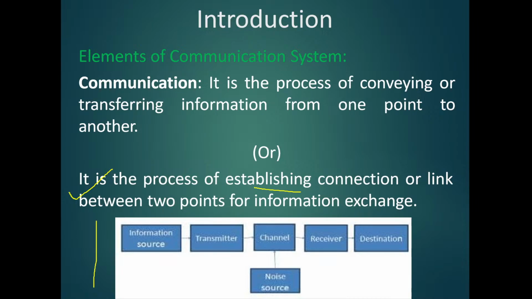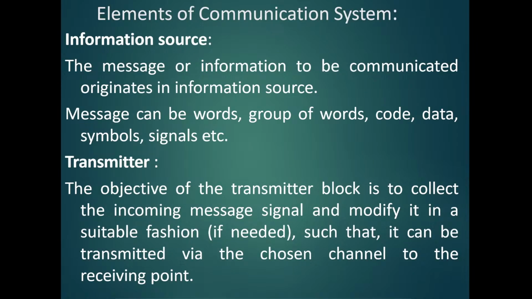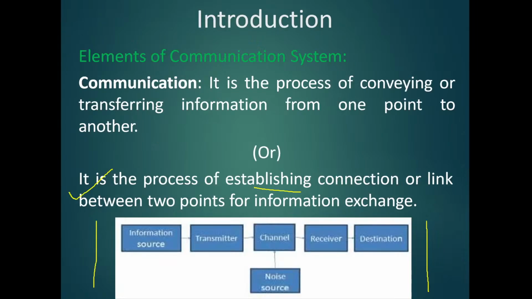And this over here is the block diagram for our communication system. Our communication system consists of different blocks. The very first one is the information source, right? The information source is nothing but the group of messages, or whatever message from which it originates. So you can see this is our first block, information source.